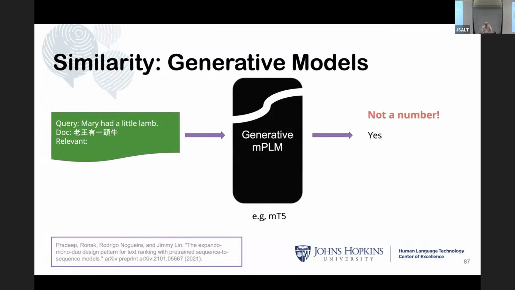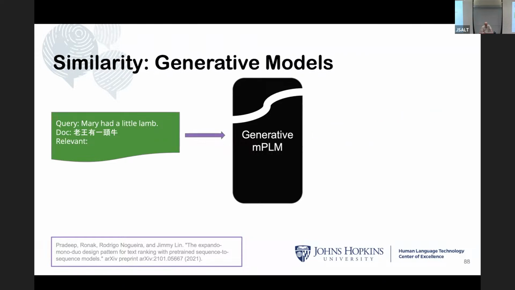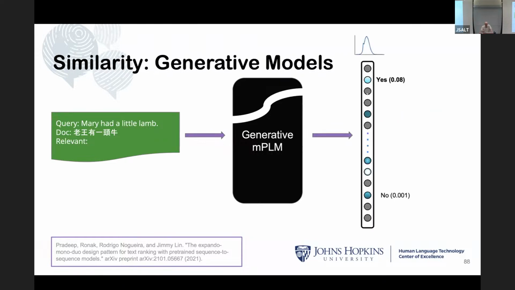But it's not a number, right? And it's hard to use. So people will take the outputs and combine them in some way, usually softmax, and get a distribution over the terms. And then you look at the probability for yes and the probability for no. And that tells you whether the document is relevant or not.